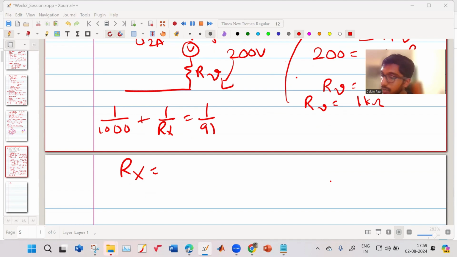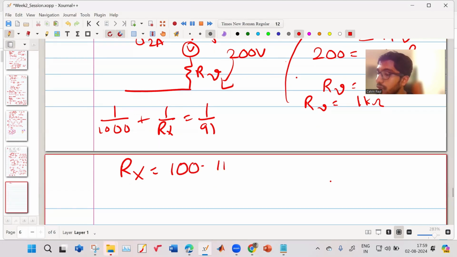So I am getting Rx to be equal to 100.11 ohm. Can you guys confirm? Right, 100.11.